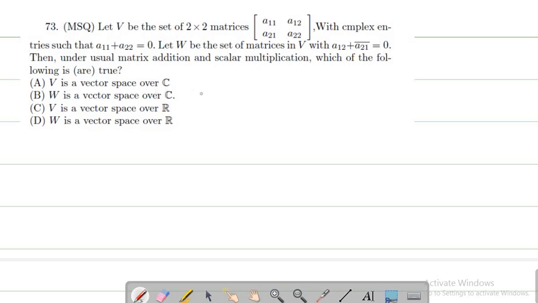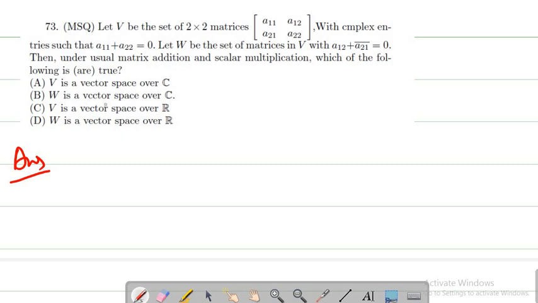So we are asked whether V is a vector space over C, W is a vector space over C, V is a vector space over R, or W is a vector space over R. In this problem, I want you to just verify whether it's a vector space or not. So I'm going to do one section from this.